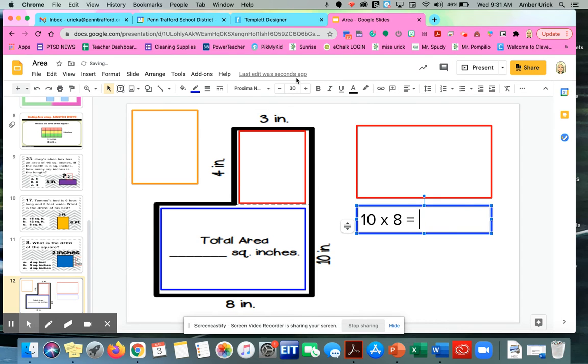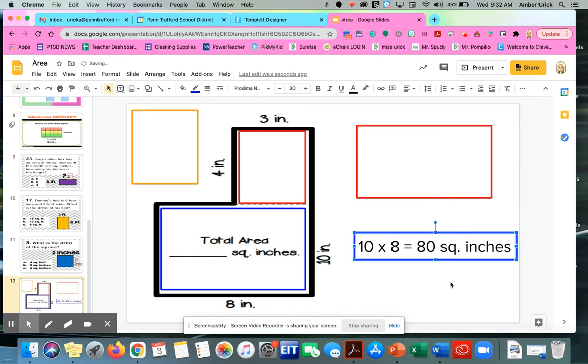What would 10 times 8 be? 10, 20, 30, 40, 50, 60, 70, 80 square inches, right? 80 square inches. Okay, so my blue box, the area we found is 80 square inches.